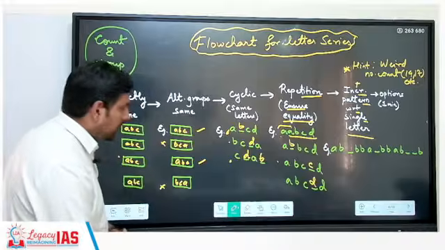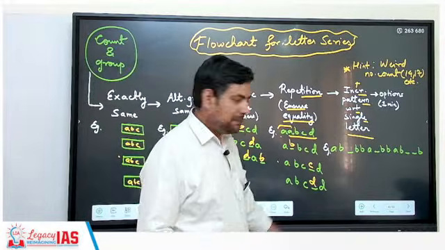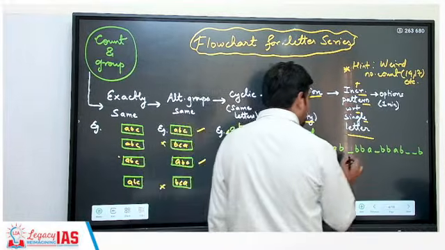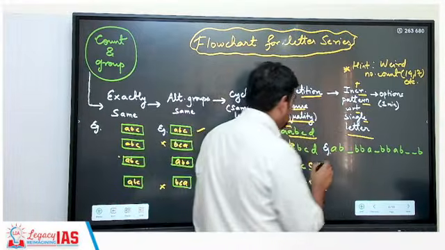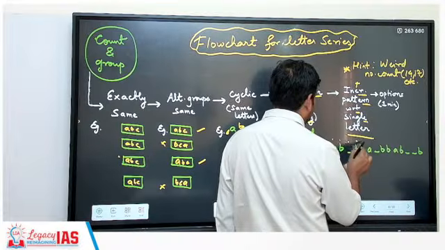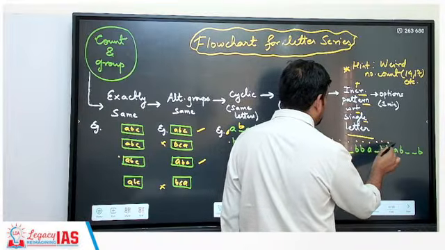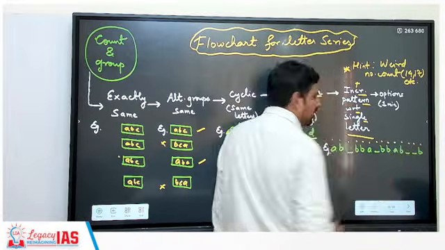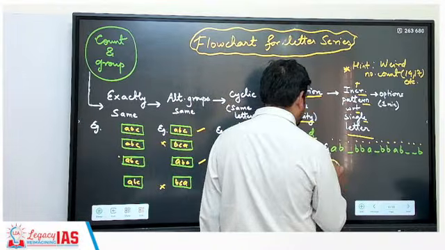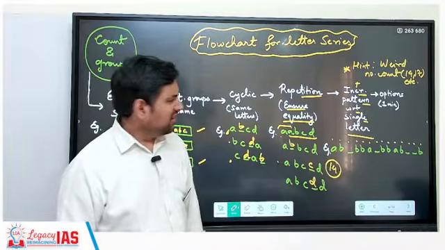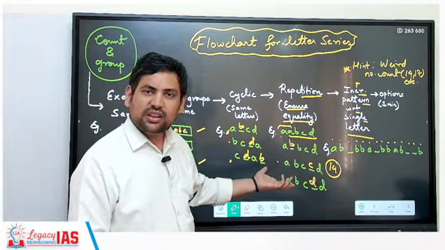Actually, the pattern is this. If you look carefully, first thing, you count the number of letters. So you find out 1, 2, 3, 4, 5, 6, 7, 8, 9, 10, 11, 12, 13, 14. So the total number of letters is 14. 14 means 7 and 2 does not divide properly.